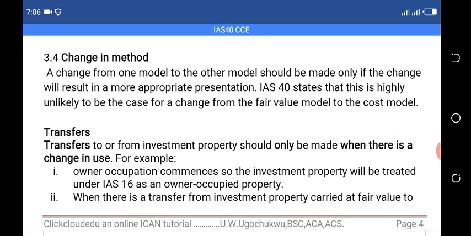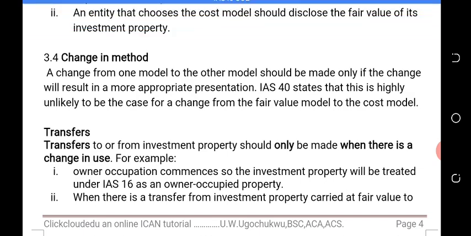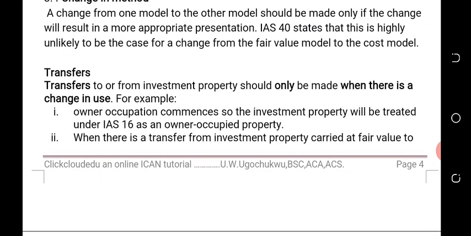So the standard also allows us to change from one model to another, from cost model to fair value model. But the standard does not permit changing from fair value model to cost model.